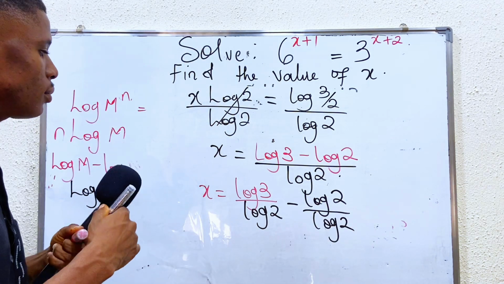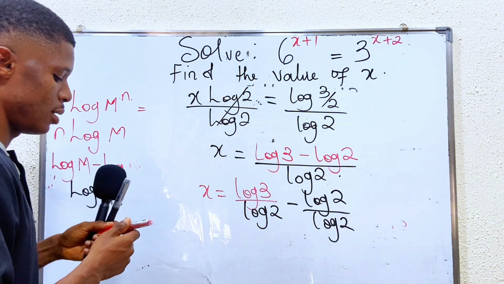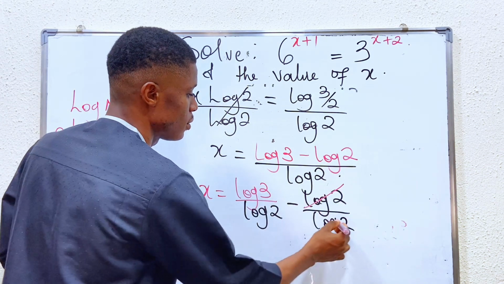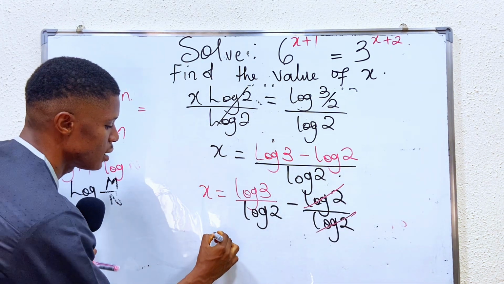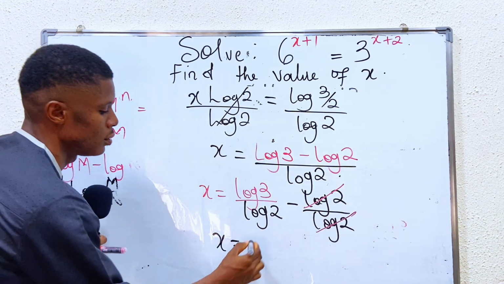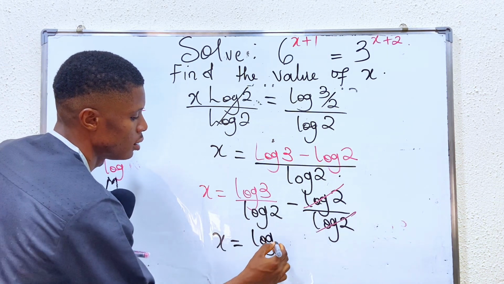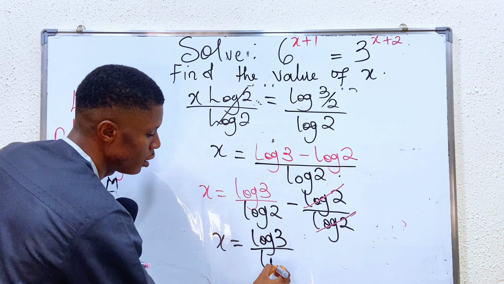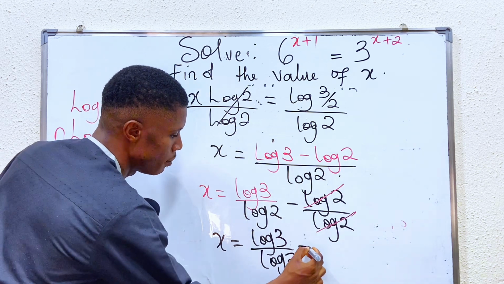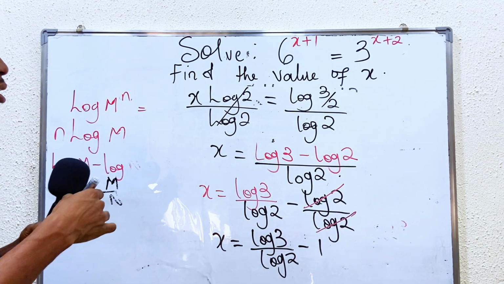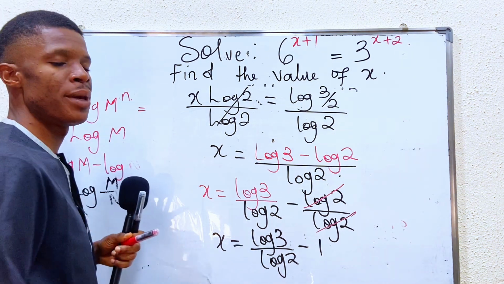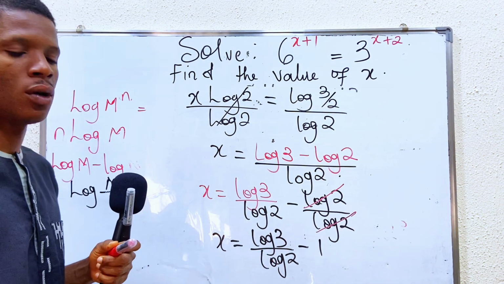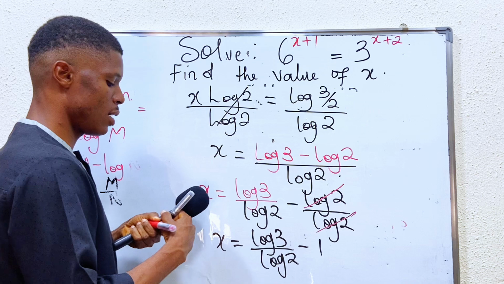So what do you understand here? You can now see that log 2 over log 2 cancels out, getting 1. So x is equal to log 3 over log 2 minus 1. The next thing we have to do is just to use change of base to solve this very well.